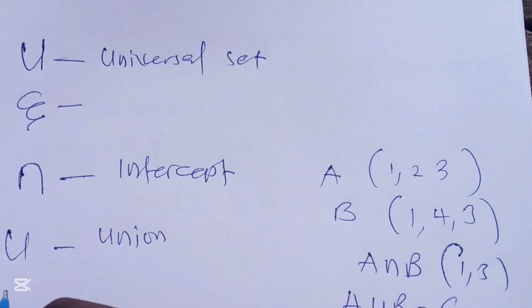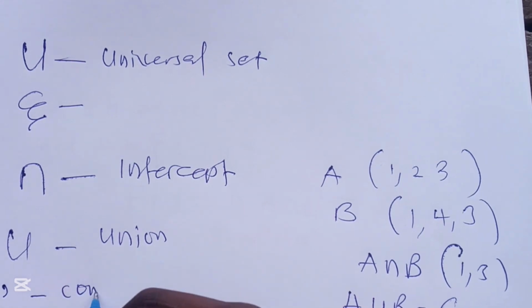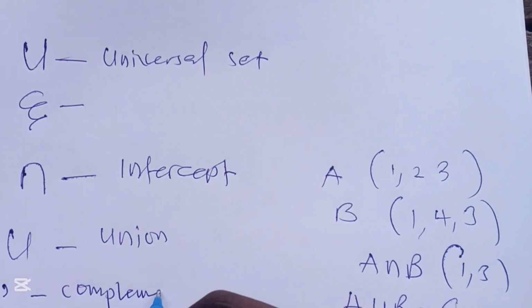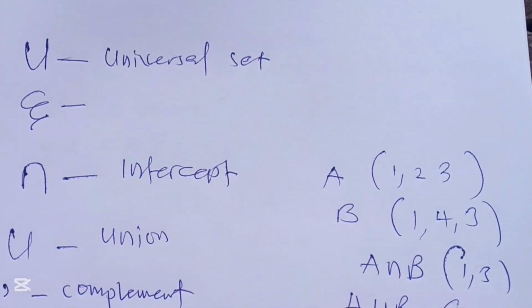Then the next symbol, you will see something like an apostrophe. It means complement. Complement means what is in the universal set that is not in the particular set you are given.